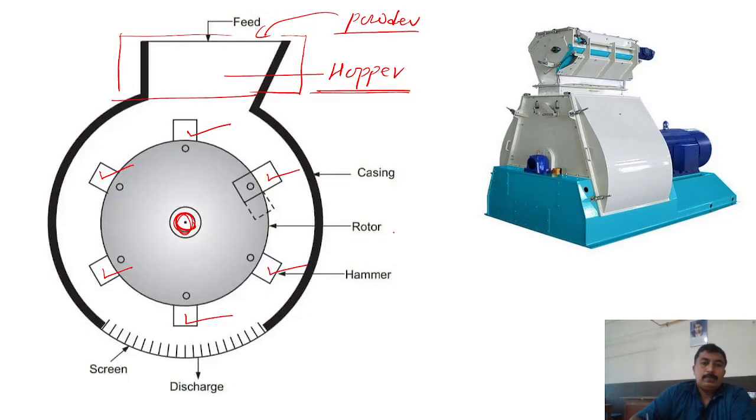So hammers are actually responsible for the breakdown of the powder particle. What about the material used for fabrication of these hammers? Hammers are generally made up of stainless steel in order to avoid rusting. Stainless steel is resistant to rusting or corrosion, and that's important because different powders come in contact with the hammers.